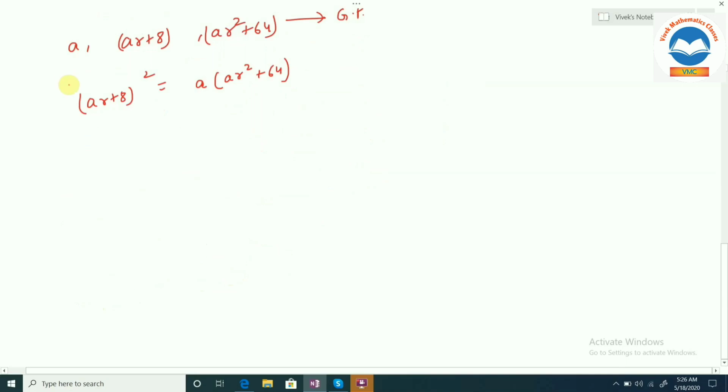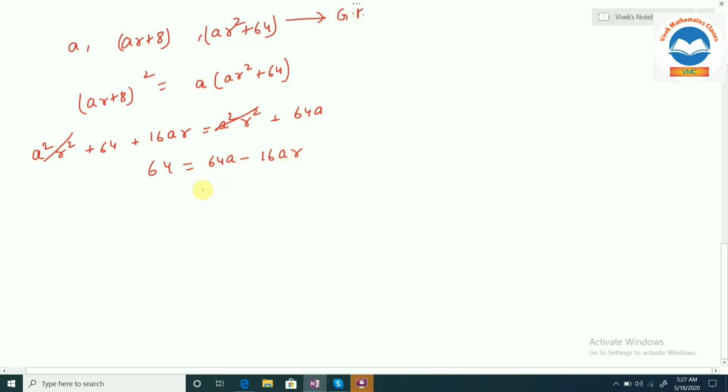Here, on the left side we will get A square R square plus 64 plus 16AR. This will be equal to A square R square plus 64A. So this A square R square will be cancelled out. This 64A I will bring to the other side: 64 will be equal to 64A minus 16AR.